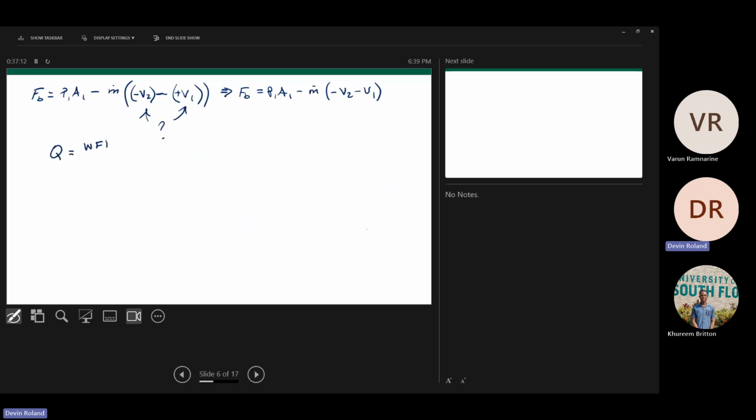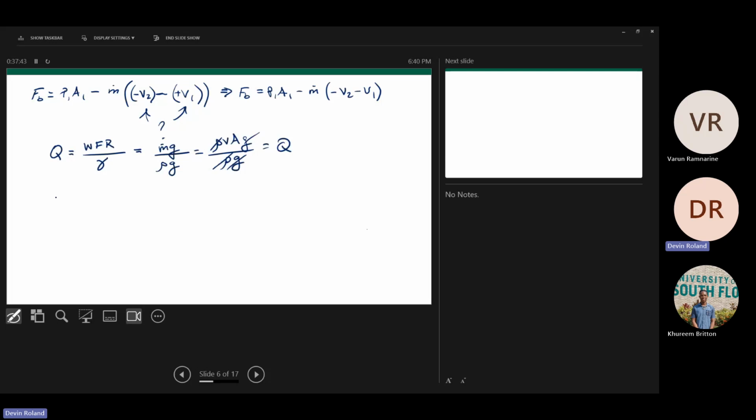We know what the weight flow rate is, and if we divide weight flow rate by specific weight, that's going to give us Q. Because you could think of this as m dot g, and this is rho g, so this is rho velocity area g over rho g. So then that's Q.